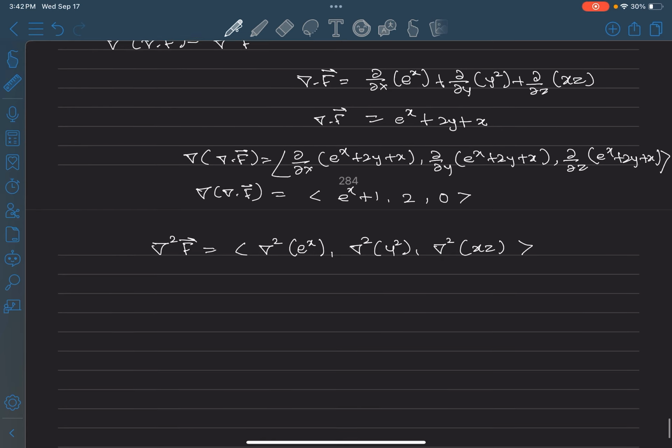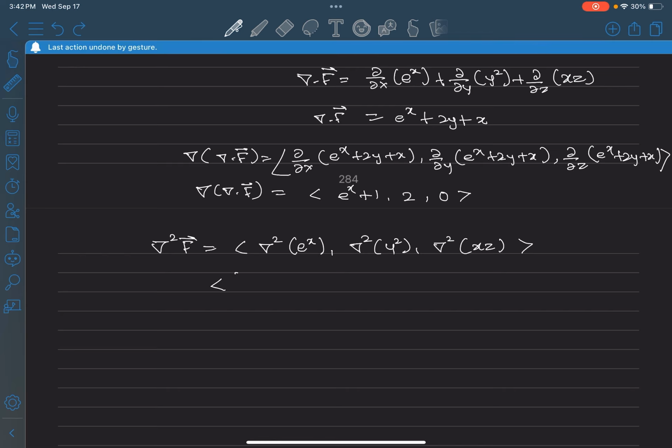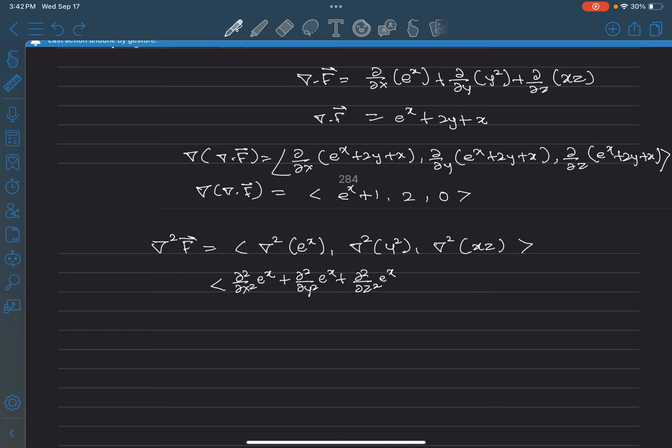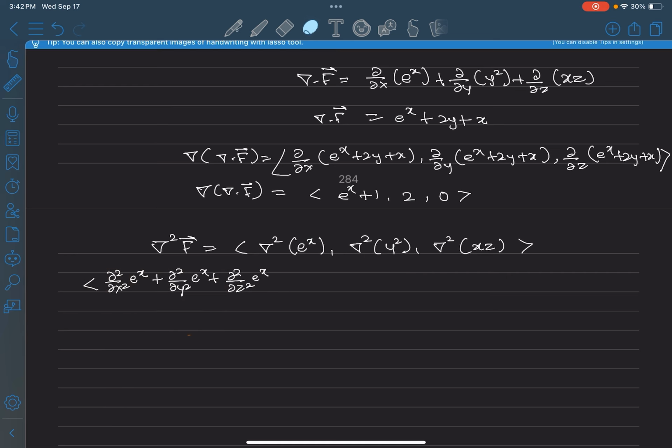And now again, to find the Laplacian of e^x, we need ∂²/∂x² of e^x plus ∂²/∂y² of e^x. This is a lot of things to do actually. But in our case, it will be simpler. Let's just write the results directly. Actually, no, let's do it. There's no reason to skip things, right?